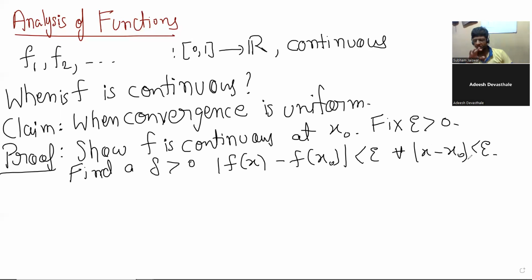So f is very similar in behavior to those fn's, for all x with |x minus x naught| less than delta.